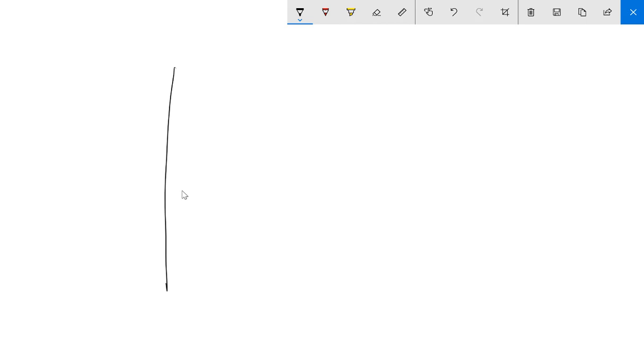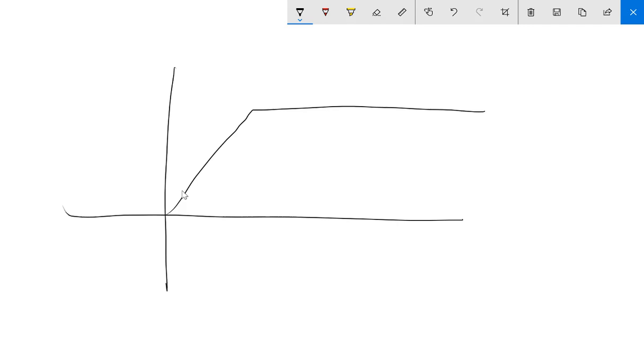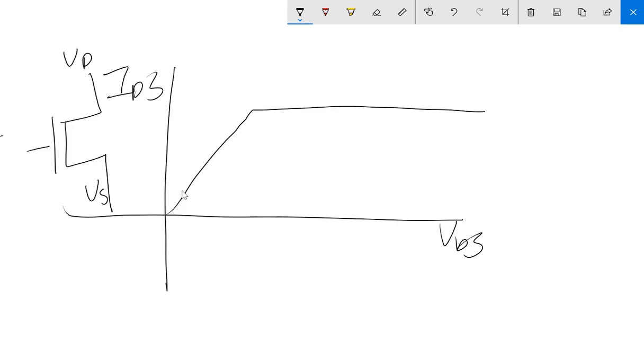So the operation of the NMOS or PMOS looks like this, right? That's VDS, that's IDS. Here is a channel, and the current flows through the channel, and the voltage drop across the channel is considered as an equivalent resistance over the channel.